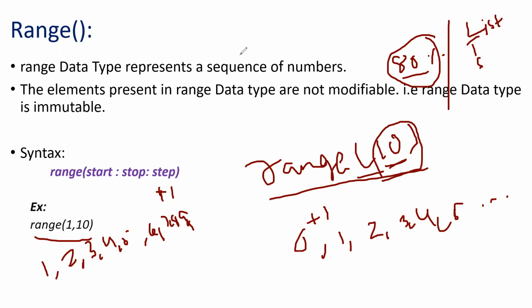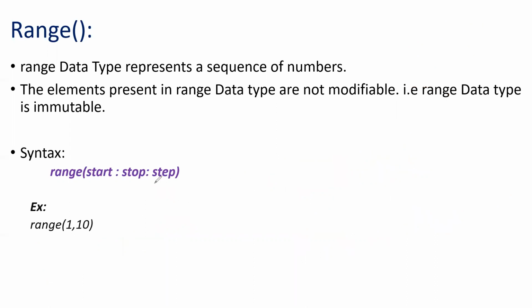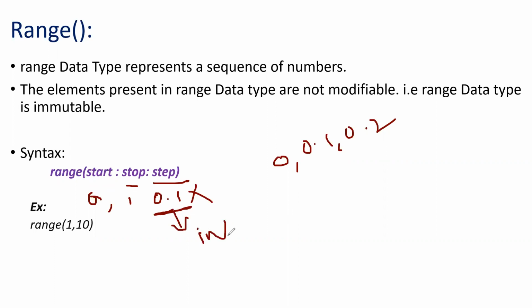But if I want the step as a float value, that is 0, 0.1, 0.2, meaning I give 0 as start, 1 as stop, and step is 0.1, right? It will not execute, because the step must always be an integer value.